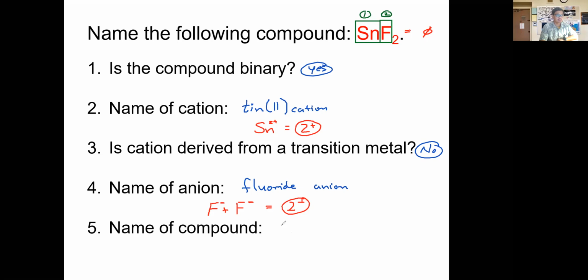Now that we've done the hard part, we just write down the name of the cation, the tin(II) cation, and include the name of the anion, fluoride. So the name of this compound is tin(II) fluoride. If the particular cation requires the stock system, you have to remember to include that Roman numeral.